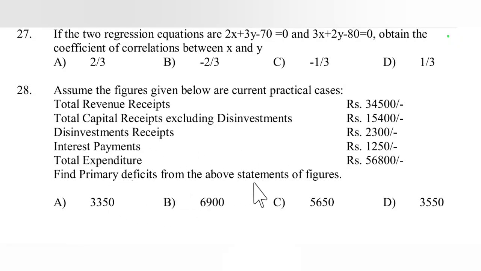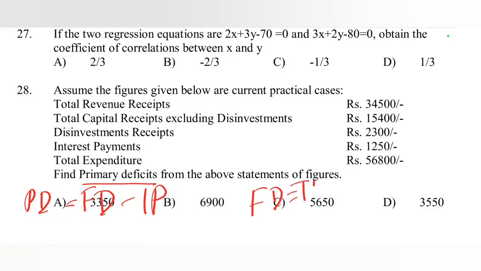Find the primary deficit from the above statement and figures. The primary deficit is equal to fiscal deficit minus interest payment. The fiscal deficit is the difference between total expenditure and total receipt, so fiscal deficit is equal to total expenditure minus total receipt.